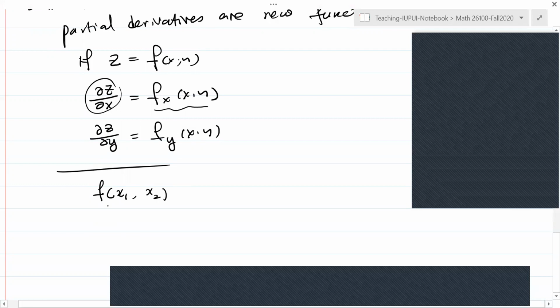In that case, sometimes we denote just f1 as the partial derivative with respect to x1.